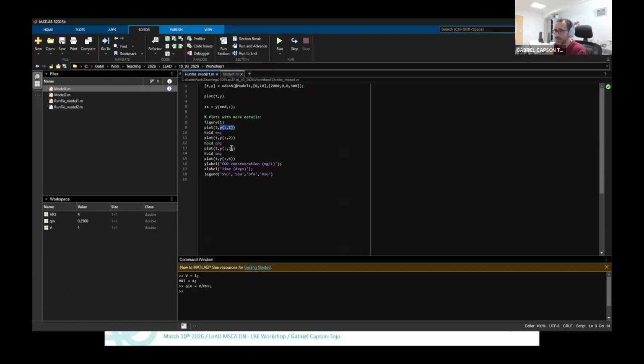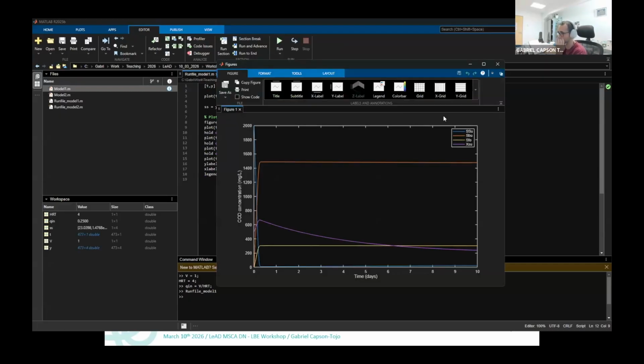So you're going to be plotting these outputs of y with the time, and then you're just going to put a legend so we can know which one is which. If you press run, which is the play button that you have here, you should get a plot like this, pretty much.